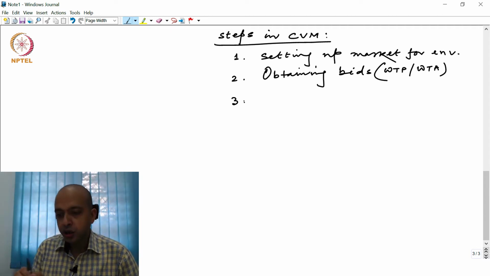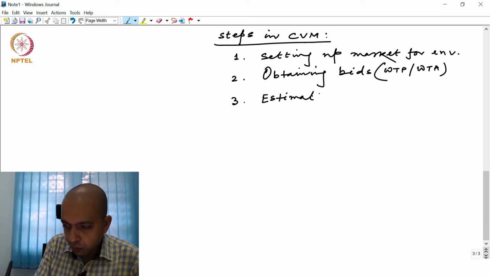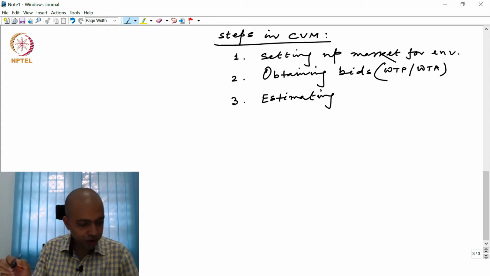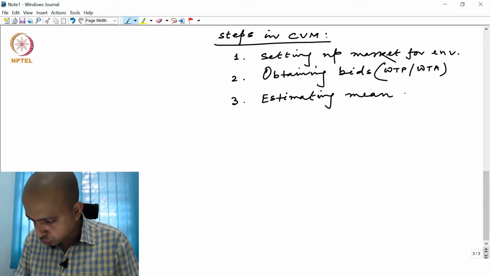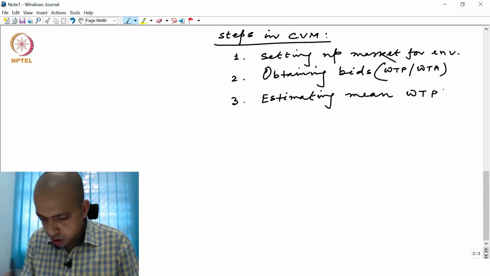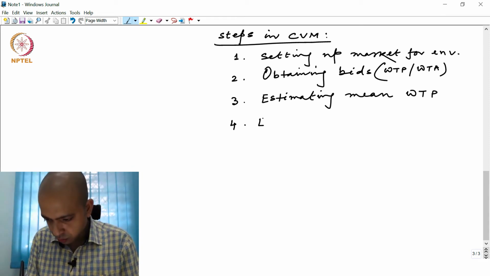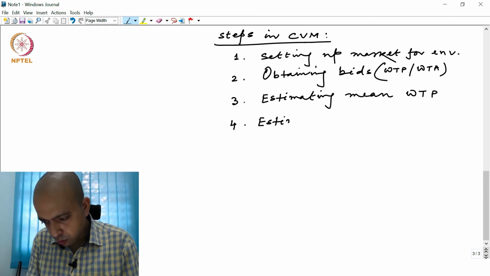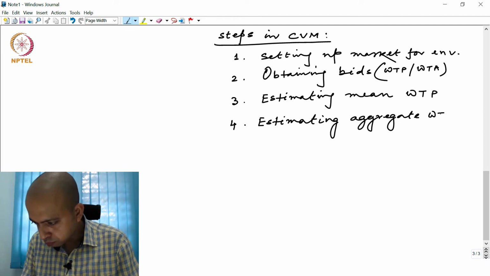Then number 3, once we obtain the bids, is estimating mean WTP, mean willingness to pay, and at last estimating aggregate WTP.